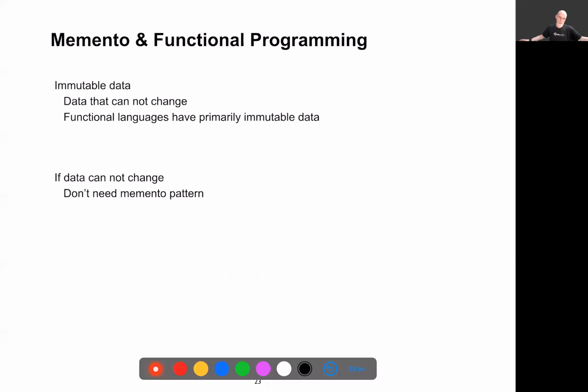Now, recently, functional programming has become popular, and one of the ideas there is you make all your data structures immutable. And if the data is immutable, then we don't need a memento pattern because every time you want to change a piece of data, you actually make a copy anyway.